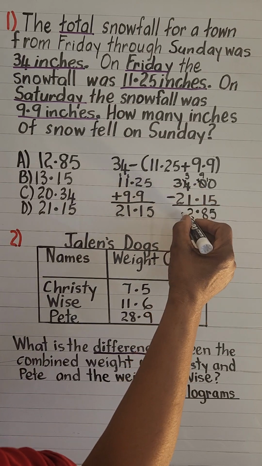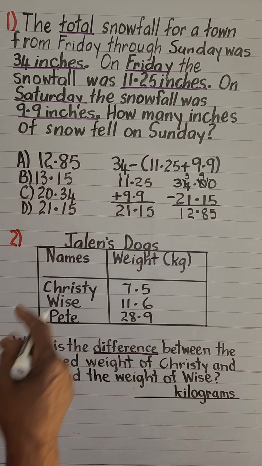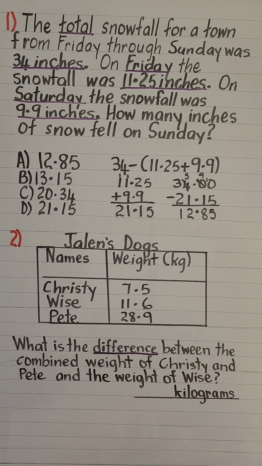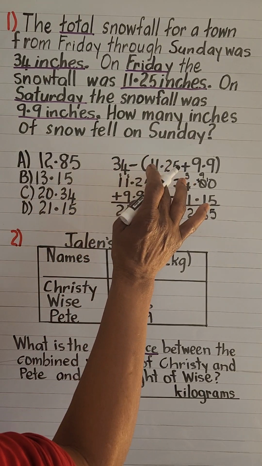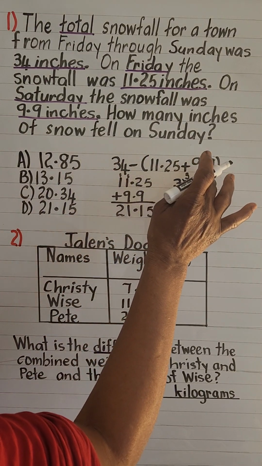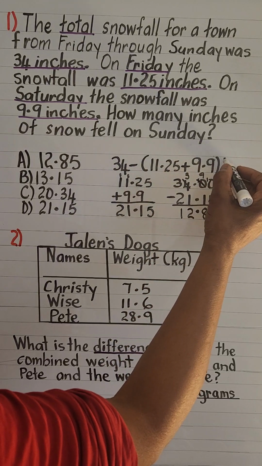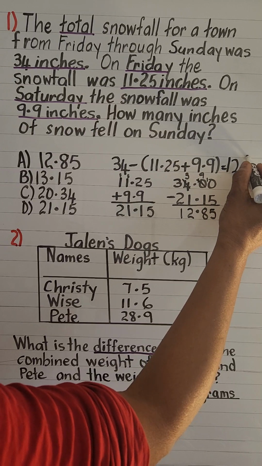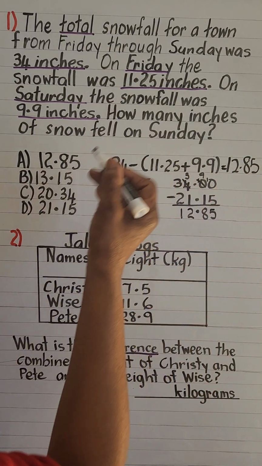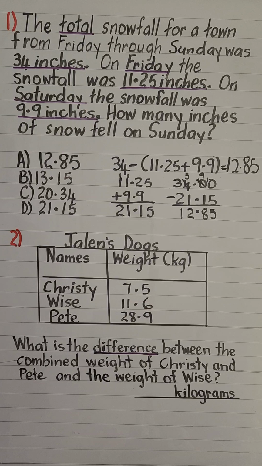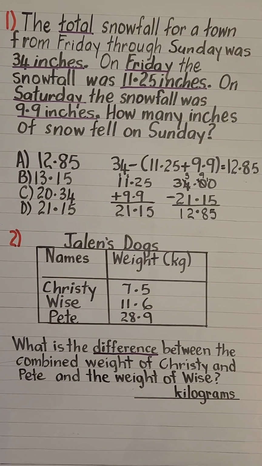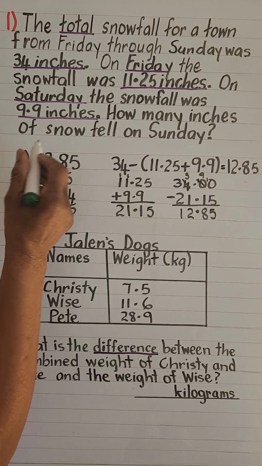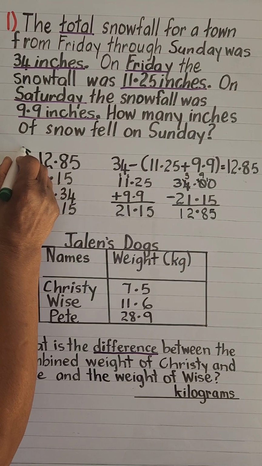And 3 take away 2, 1. And that is equal to 12.85. So 34 minus the sum of 11.25 and 9.9 is equal to 12.85, and our correct choice is A.